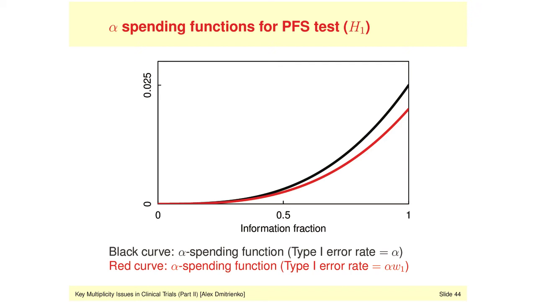That's the alpha spending function that corresponds to the total error rate of alpha times W1. Of course, as you can see in this figure, the adjusted significance levels derived from the red curve will be slightly smaller than the adjusted significance levels based on the black curve. And that's exactly the information that we saw summarized on slide 42.